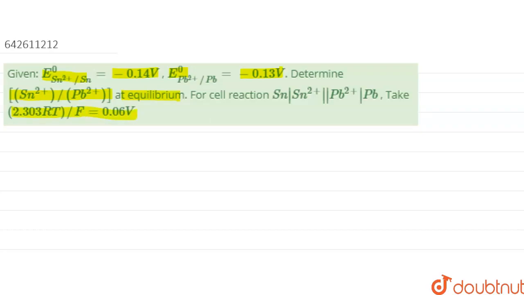Now in this question, the key point is the equilibrium. So at equilibrium, we all know the E cell will be 0. So the E naught cell will be E naught of cathode minus E naught of anode.